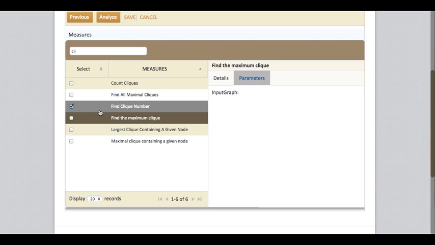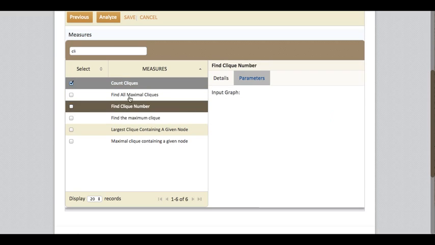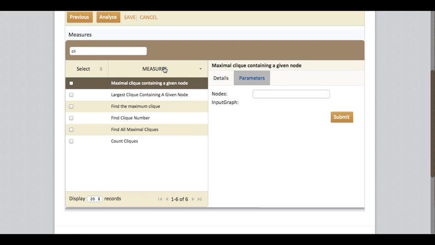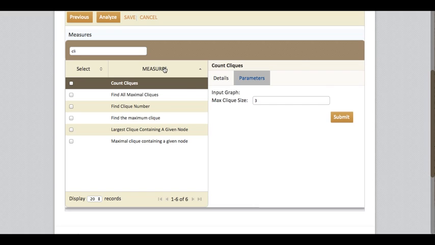I think I'm on parameters. I am being asked to find the number of cliques of size 3 and larger.